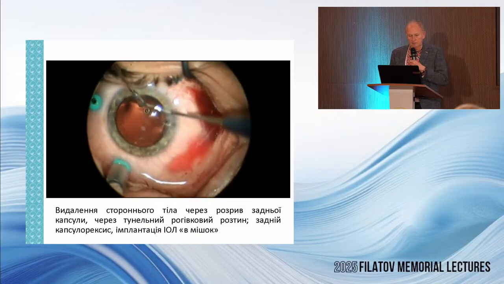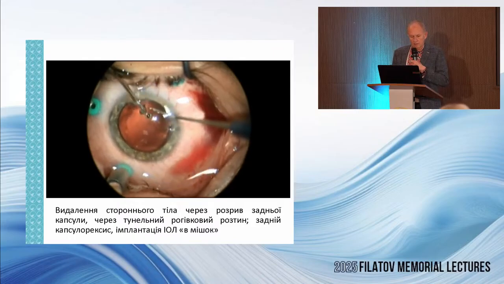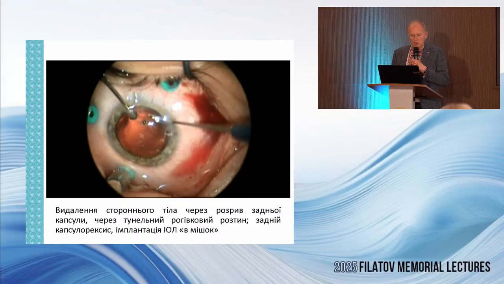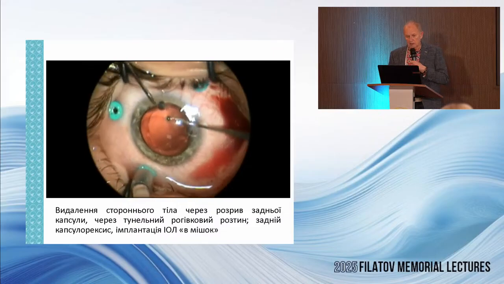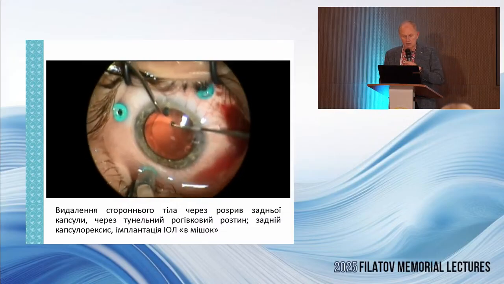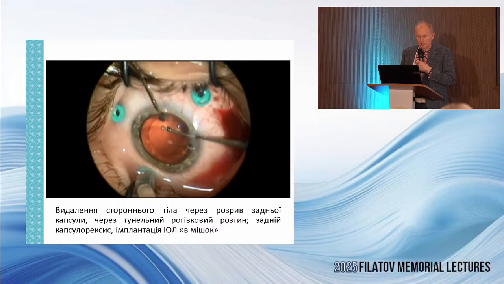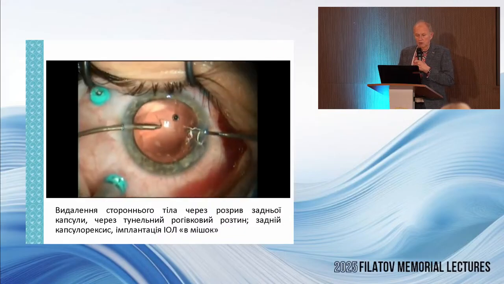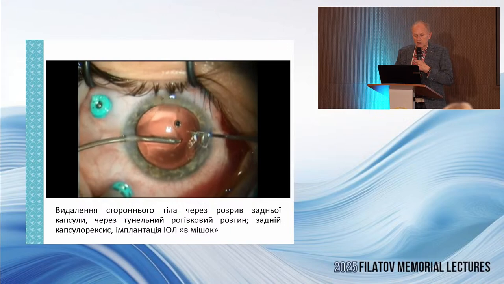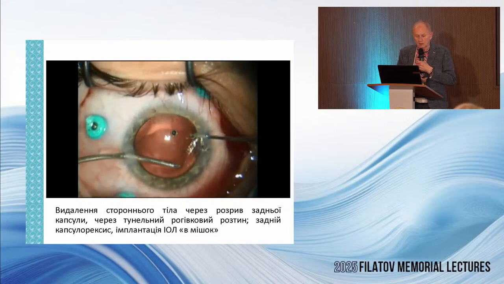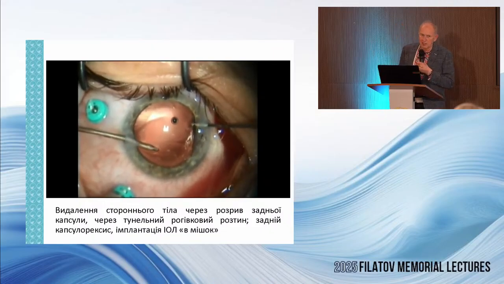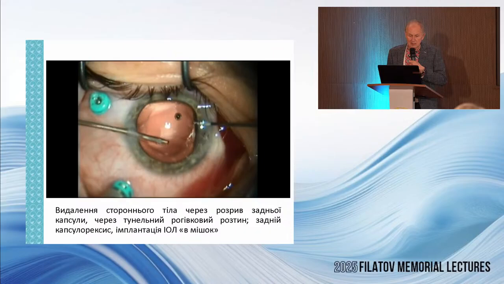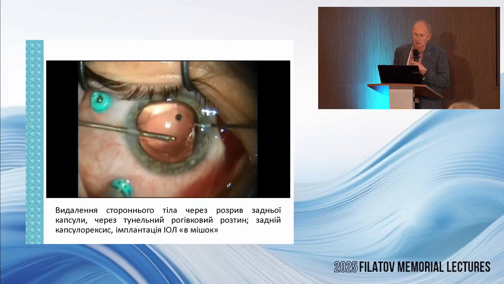Here we're catching the capsule with another forceps, and removing it. Here is the partial posterior capsulorhexis, because the traumatic rupture of the posterior capsule is not associated with any ideal operations.